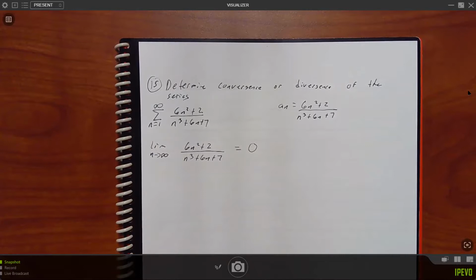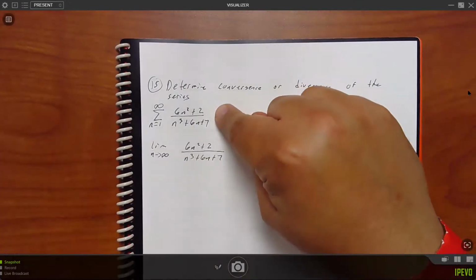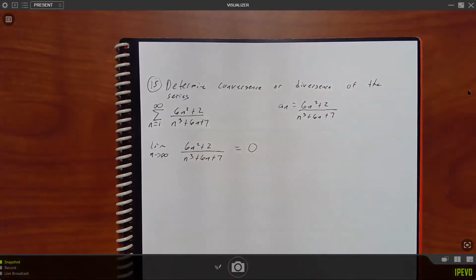We have the root and ratio test, which I don't think are good here. Now, the root wouldn't work at all, right? Ratio would probably become very difficult to use. We have the alternating series test. It's not alternating. We have the comparison tests, direct comparison and limit comparison.